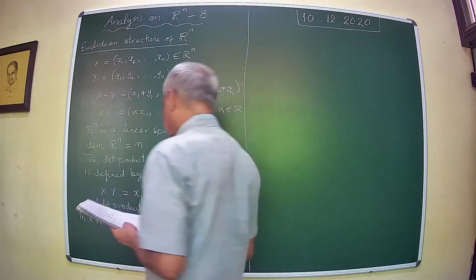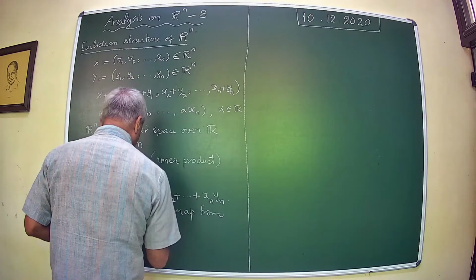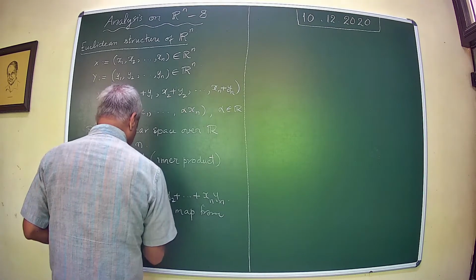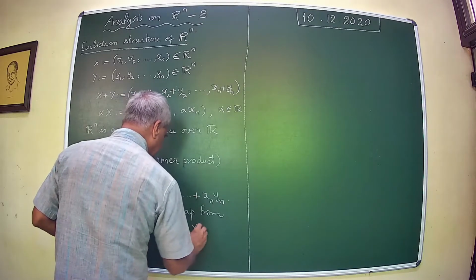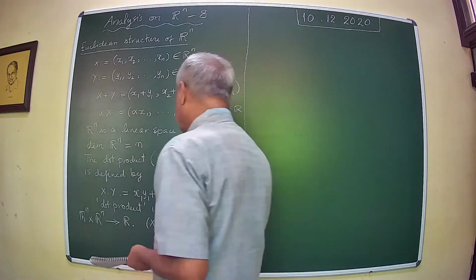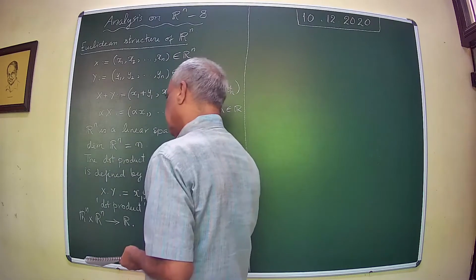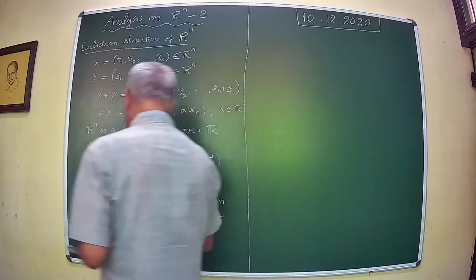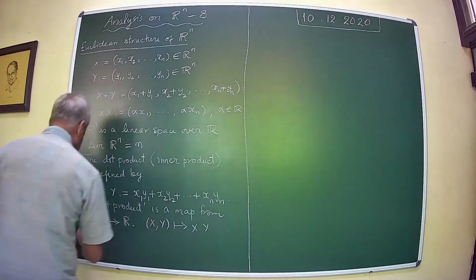Bilinear means, suppose I denote x comma y is mapped to x dot y. This is bilinear because you have two variables x and y. It is linear in the first variable and also linear in the second variable. So this is bilinear.